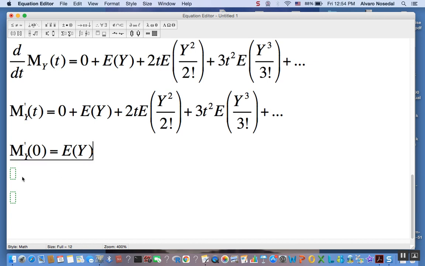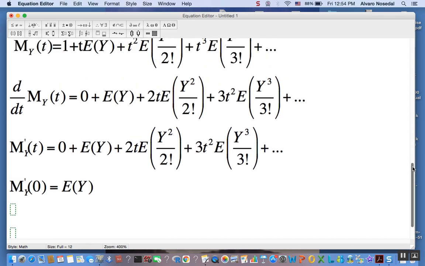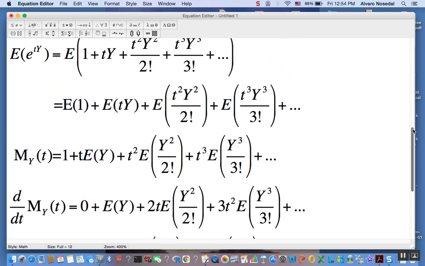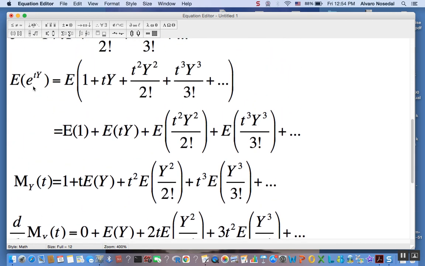So what you have seen here is that the first derivative with respect to t of the MGF yields the expected value of the random variable, and that's why these functions, the expected value of e to the ty, are called the moment generating functions.